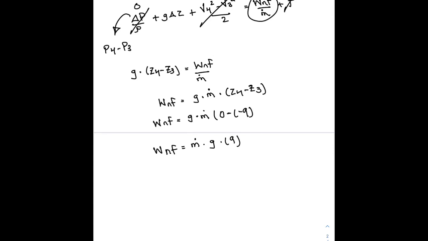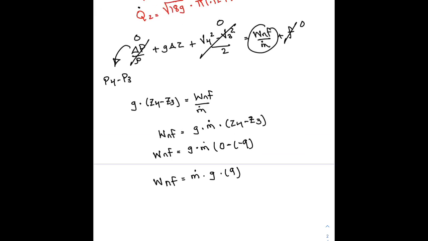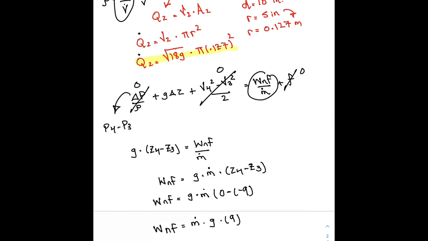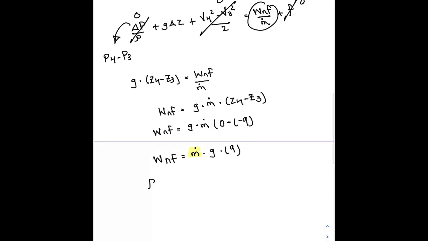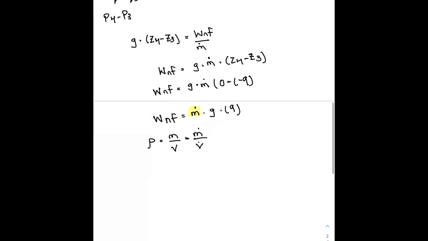Okay, so now we got this expression over here, and the reason why we found this volumetric flow rate from earlier is because we will need it to get our mass flow rate right here. And since I said earlier that the density is the mass over the volume, or the mass flow rate over the volumetric flow rate, we can get our mass flow rate by simply multiplying the density of the water times the volumetric flow rate.